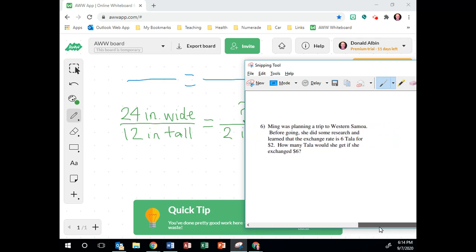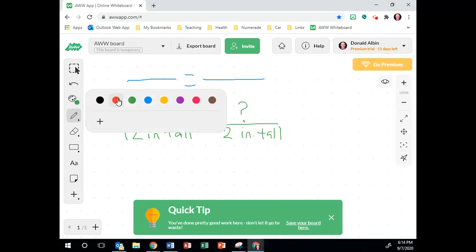Here we have another problem. Ming was planning a trip to Western Samoa. Before going, she did some research and she learned that the exchange rate is 6 tala, that's the currency in Samoa, for $2. So I'm going to write, get a different color here.